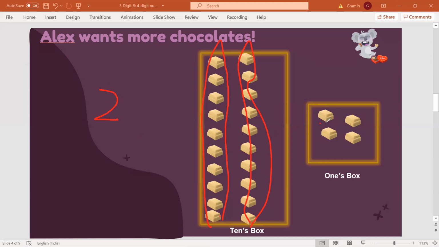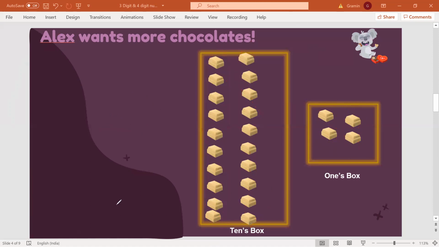And in the 1's box, how many groups of 1 chocolates are there? 1 group, 2 groups, 3 groups, and 4 groups. So there are total 4 groups of 1 chocolates. So in the 1's box we have 4 groups of 1 chocolate, and in the 10's box we have 2 groups of 10 chocolates. So there are total 24 chocolates.